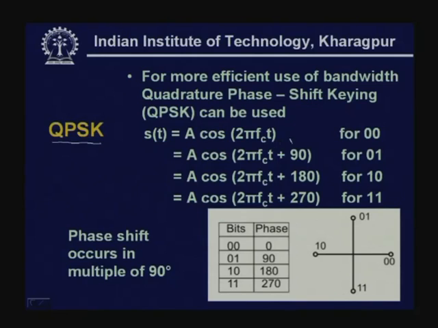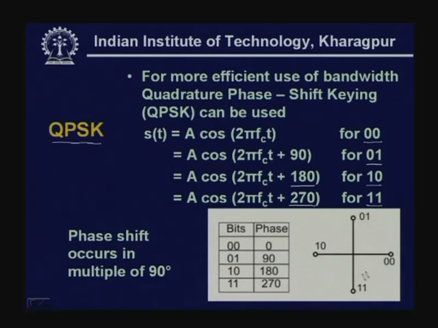So, whenever the phase is 0 degree, then it corresponds to bits 0 0. That means each signaling element is able to send, instead of 1 bit, 2 bits, and if it is 90 degree, then you are sending data bits 0 1. Whenever it is 180 degree, we are sending data bits 1 0. Whenever the phase shift is 270 degree, data bits are 1 1.